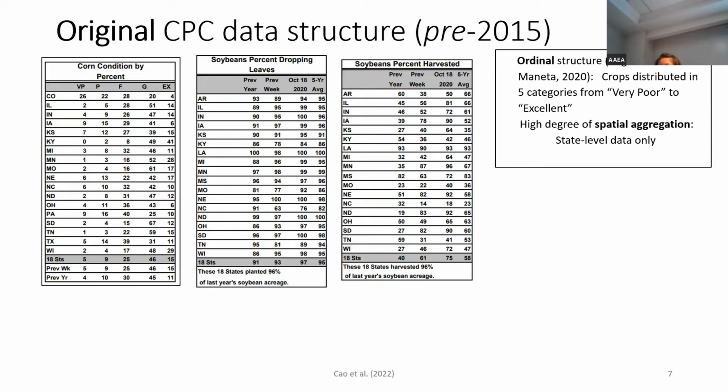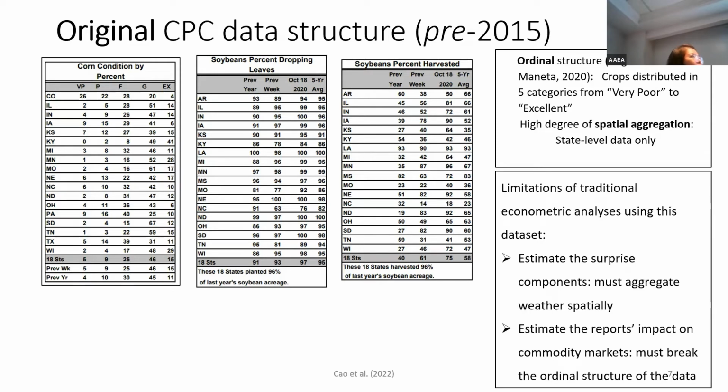The next thing is that it's highly spatially aggregated, whereas as you may imagine, the weather, climate, or agronomic conditions, which determine crop conditions, are highly heterogeneous across space.